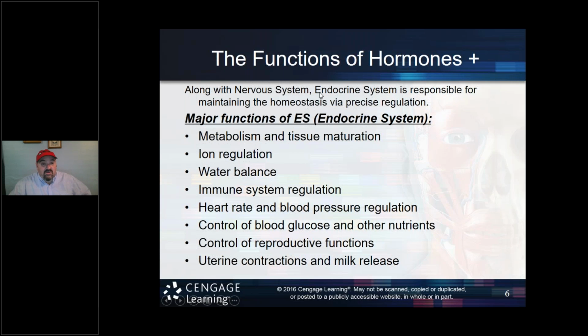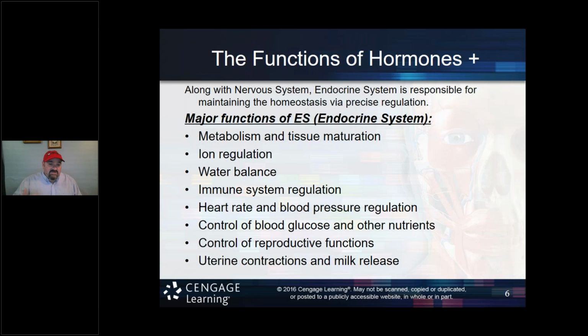Function-wise, along with the nervous system, the endocrine system is responsible for maintaining homeostasis. And really, the key here is precise regulation. Realize that when your hormone levels are off, in particular, there are many people having issues with their thyroid hormone, right? Their thyroid glands are not producing enough or producing too much.